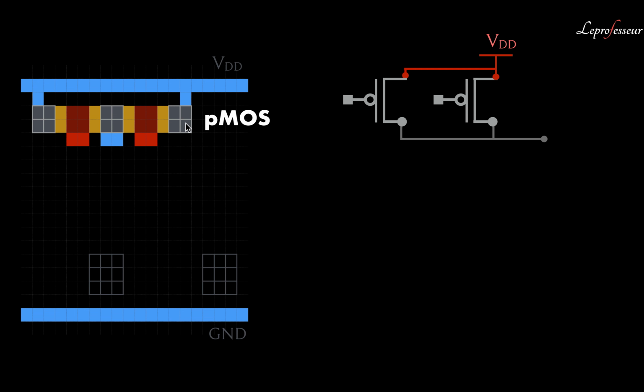So this is the simple layout of two PMOS structures in parallel. Remember that since we made this contact in between, this is saying that the first PMOS and the other PMOS, they both are in parallel. Okay, good.